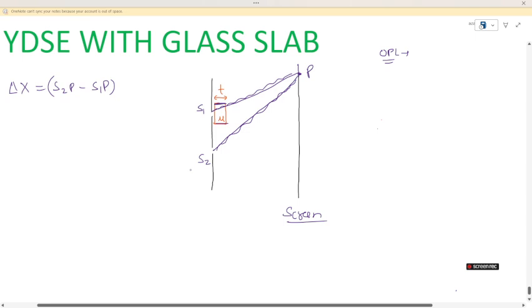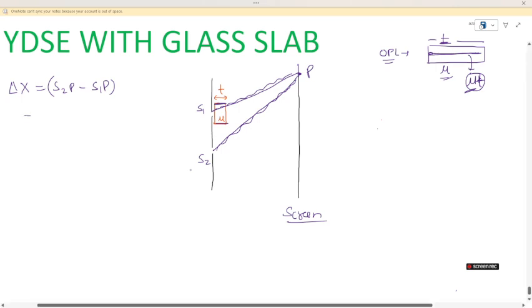It says that when a light ray travels in a medium of refractive index mu and thickness t, then we take that distance as mu t. This is optical path length.